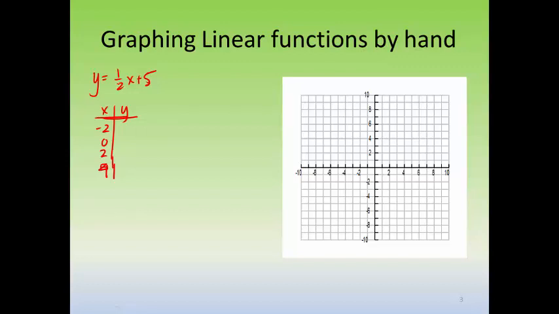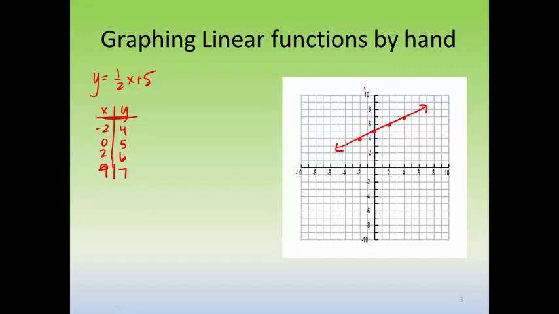Put in a -2 and I get a -1, that makes a 4. Put in a 0, you get a 5. Put in a 2, you get a 6. And put in a 4, you get a 7. So I'm going to plot those points: (-2, 4), (0, 5), (2, 6), and (4, 7).